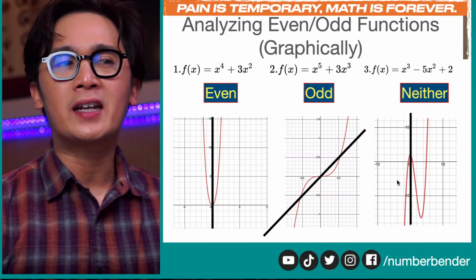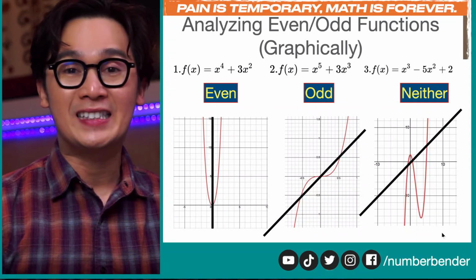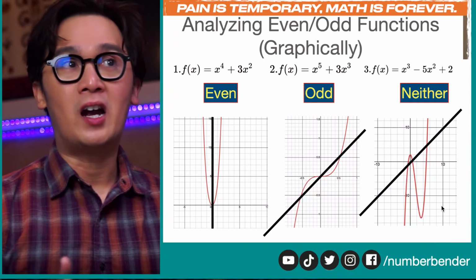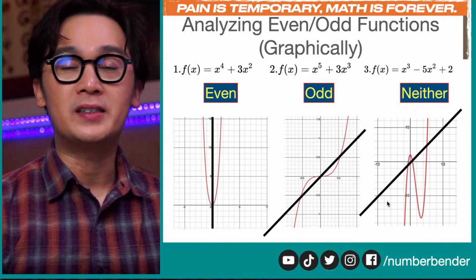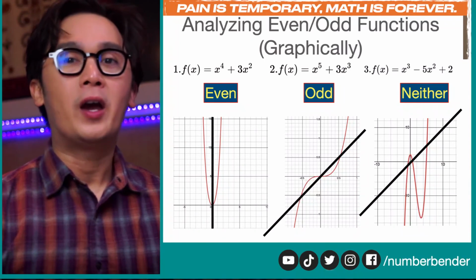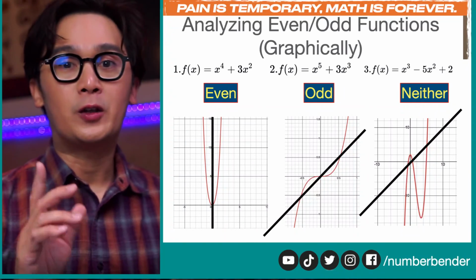And if we also checked its symmetry on y is equal to x, we can also see that they are not the same, or there's no symmetry on the line y is equal to x. So that is how you would be able to verify if your function is neither using a graph.